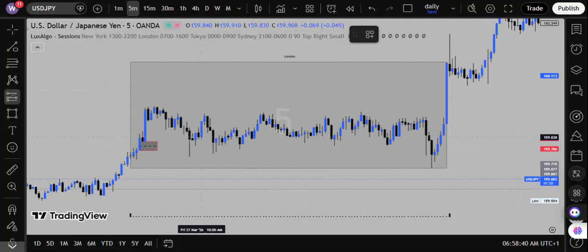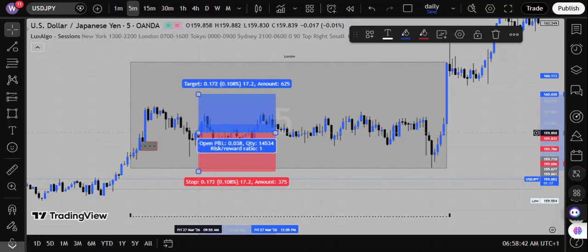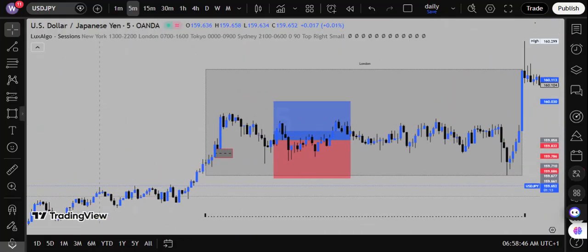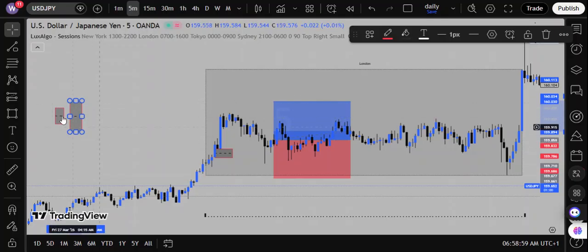Want to go long. For those that are just joining, bullish engulfing simply means a candle that engulfs the previous candle. Let me give you an example. Assuming this is a bearish candle and this is a bullish candle that engulfs it totally, much bigger than the previous candle. So this is an engulfing candlestick.